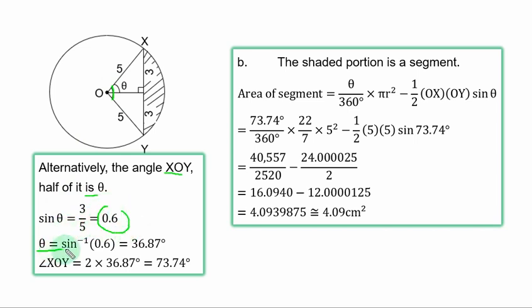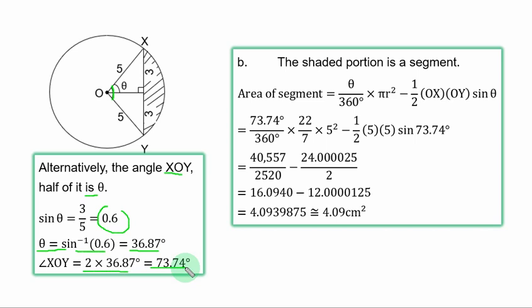Theta becomes the inverse of sine of 0.6, and that is 36.87 degrees. Remember, theta is half of the angle. The whole angle is 2 times theta in this form, and you also have 73.74 degrees.